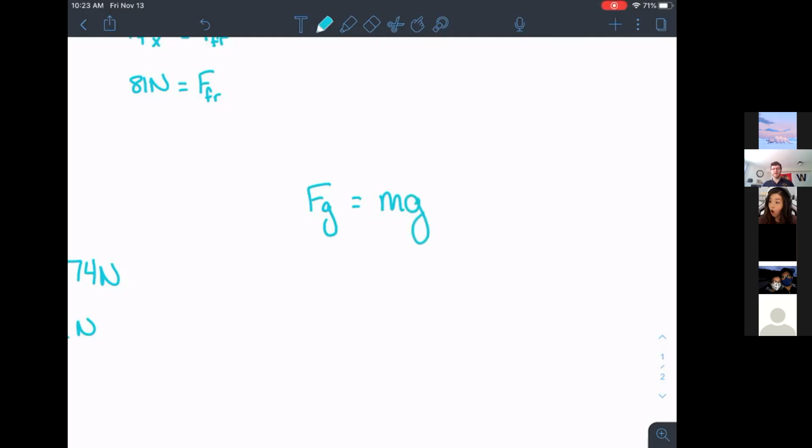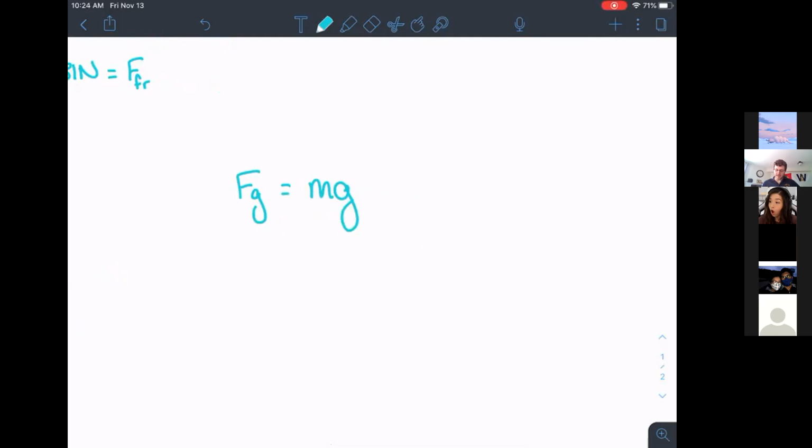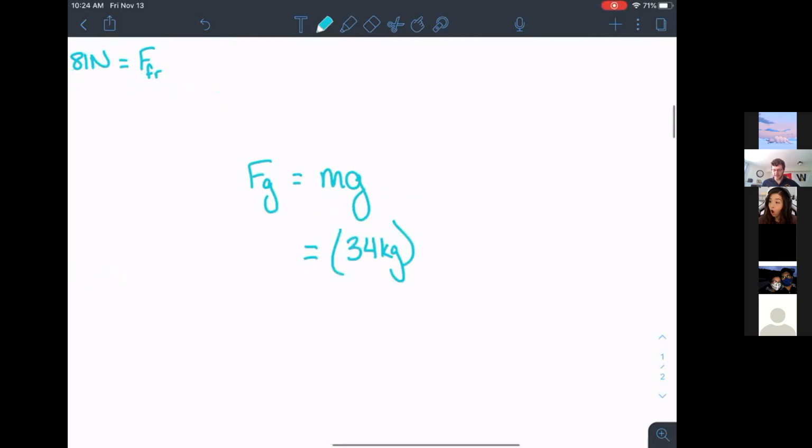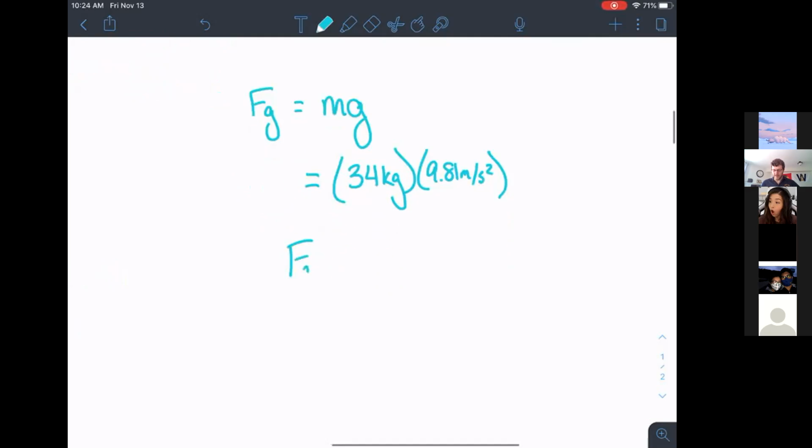Perfect. So if we're finding the weight, we have mass, which was what value? 34 kilograms, times our acceleration due to gravity, which is what value? Negative 9.81. Perfect. So what do we get for our force of gravity?